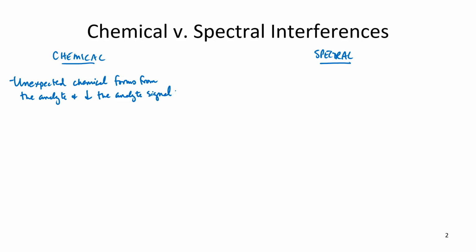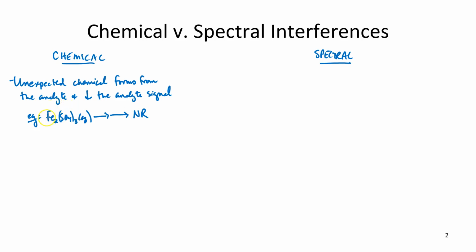And I can think of one example where a chemical interference can lead to a false positive, but let me give you an example. You may remember a few videos ago we talked about how if we have this iron sulfate complex in an aqueous sample, we might be able to nebulize it, but if we're just using an air acetylene flame, we cannot atomize it, so there's no reaction.